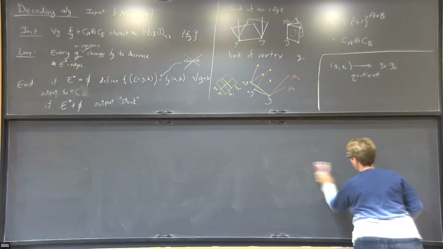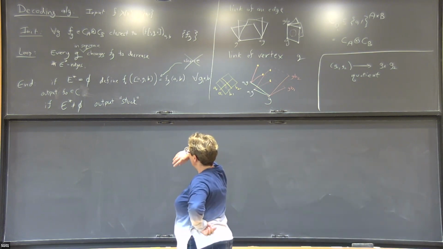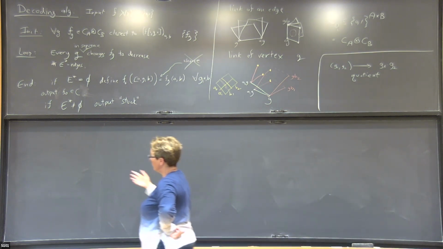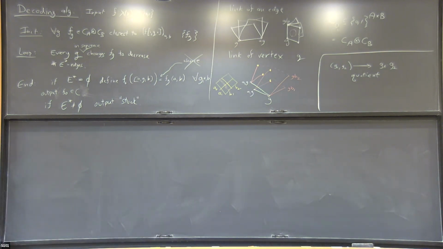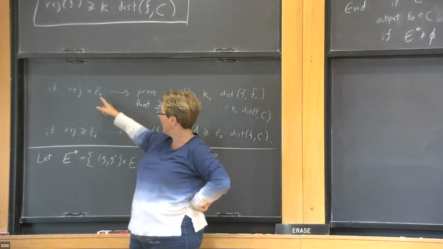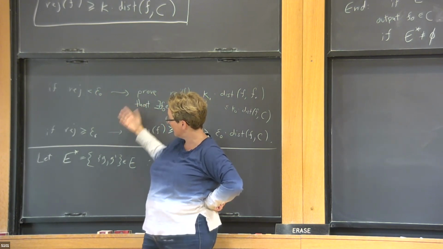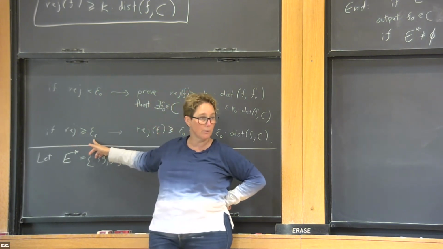We're really going to focus on the set E star. We're going to follow this kind of argument. We're going to show that the only way you can output stuck is if the rejection is bigger than epsilon naught.